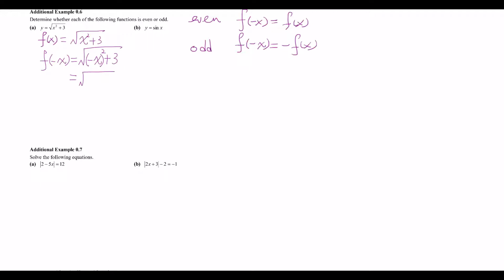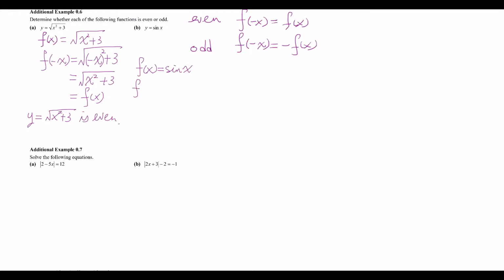The square of minus x is also the square of x, and then plus 3. Therefore it just equals f of x. It means y equals the square root of x squared plus 3 is even, right? And then we come to part B. Part B means we take f of x, the function, as sine x.